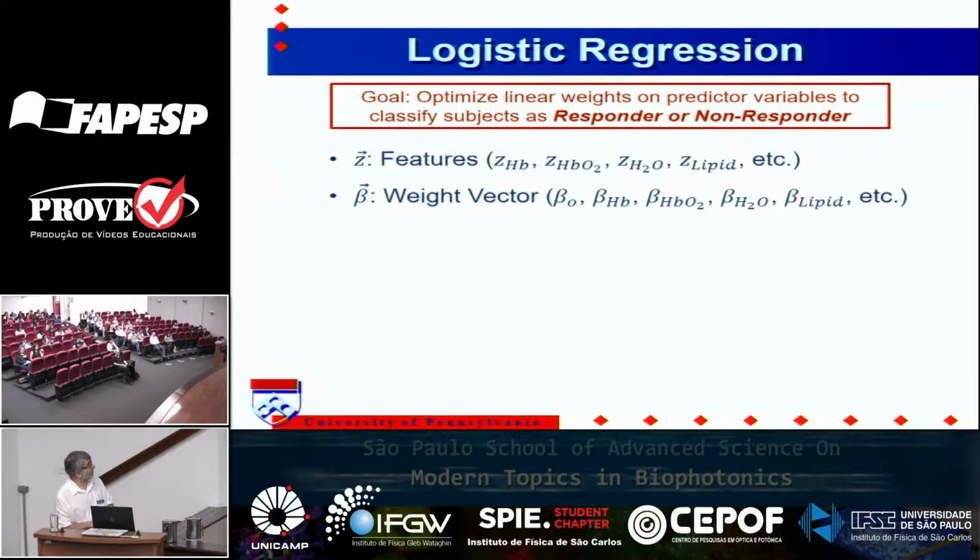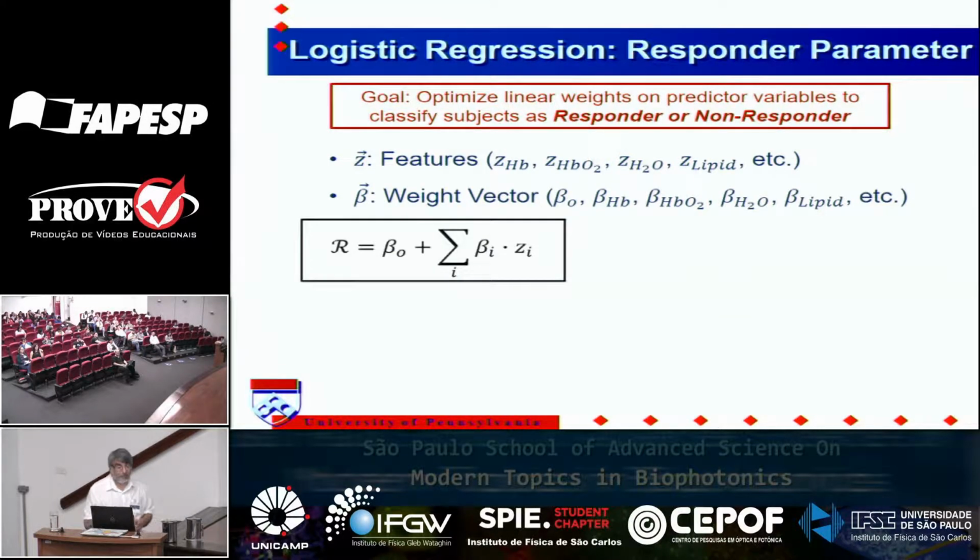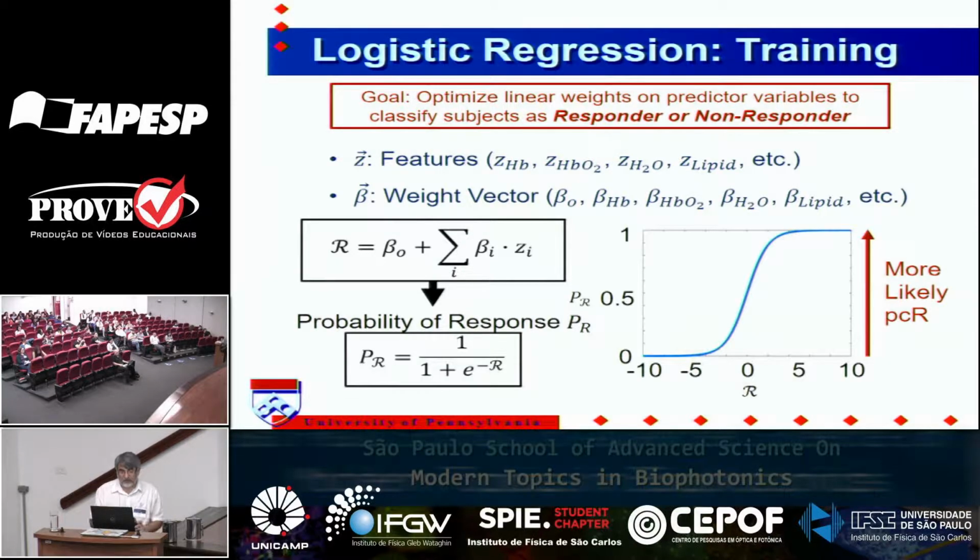We construct this responsivity parameter, which is a dot product of these two vectors. And then we know from the data whether somebody responded or not, and we can use that as a training set to come up with a probability of response which looks like this, and which has sort of the optimized data.